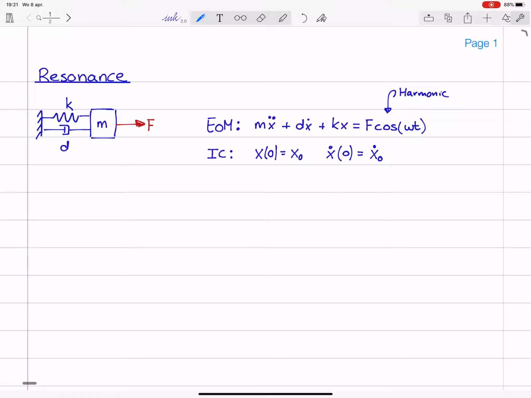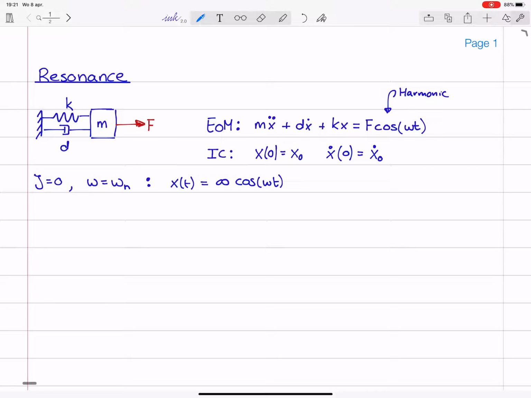And there we encountered the situation that if we have no damping, so if the system is undamped and the excitation frequency equals the natural frequency, we find a very strange situation that the solution we obtain is something like infinity cosine omega t.